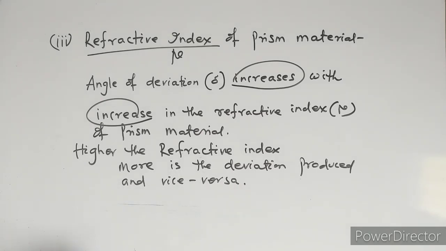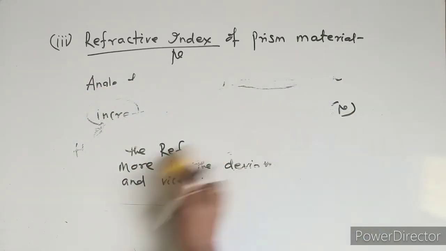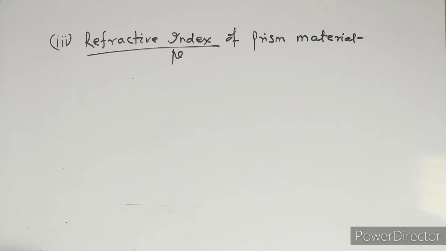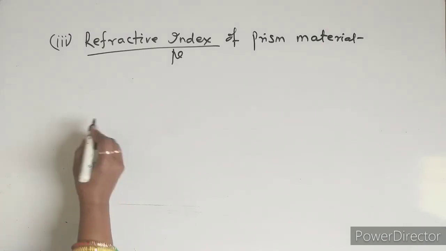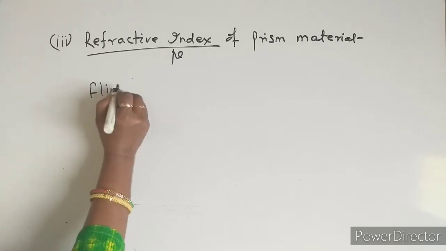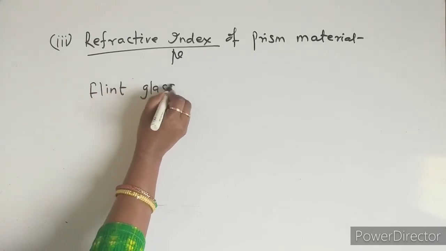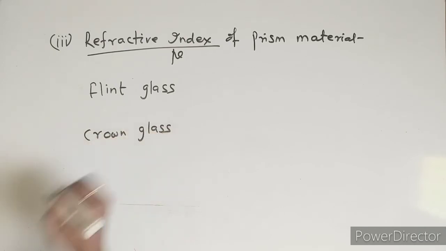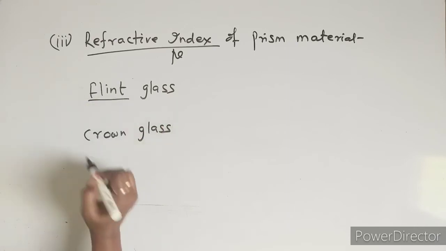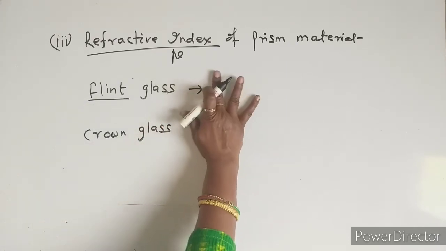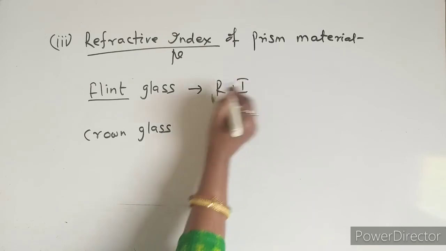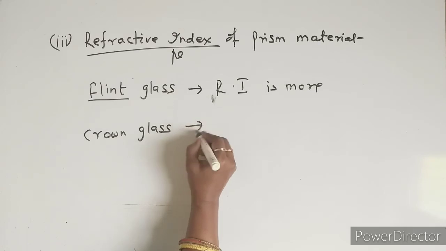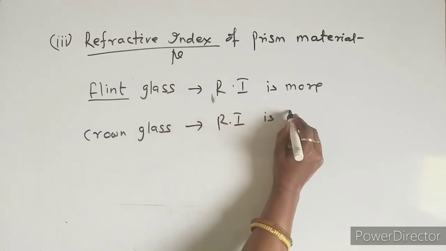So let us take one interesting example. Let us take two materials. One will be flint glass, another one will be crown glass. The refractive index of this flint glass is more in comparison to the crown glass, so this one is less.